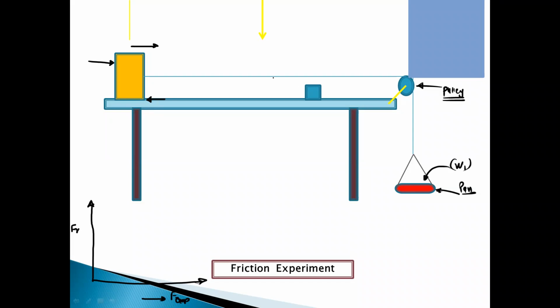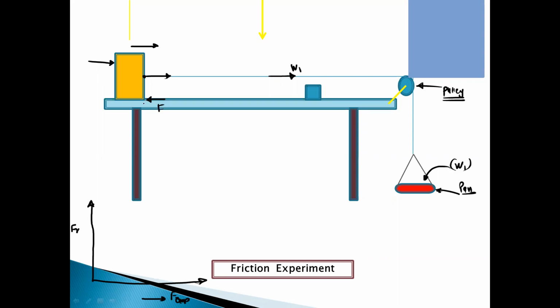This W1 creates the force in the cable, with the same value W1 because the pulley is frictionless, so tension will be the same on both sides. It will try to pull the object, but friction will oppose the motion in the rightward direction.